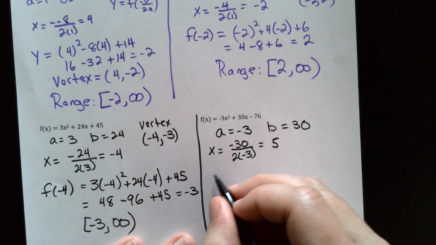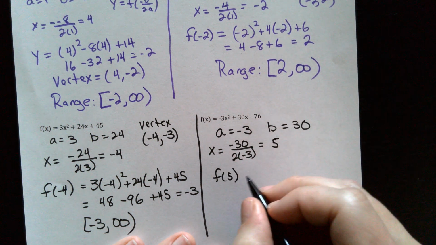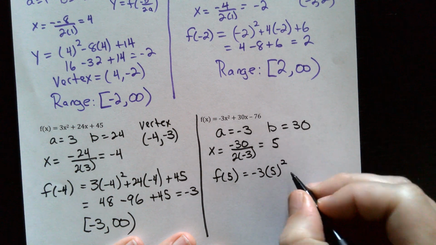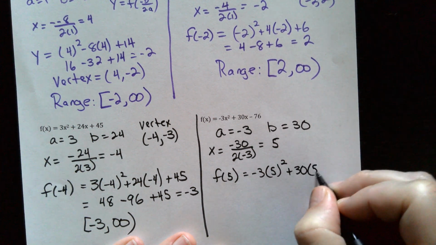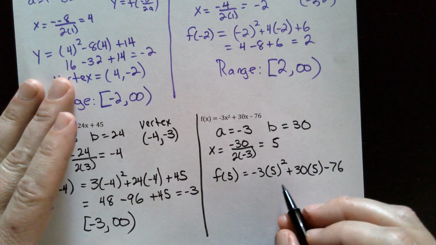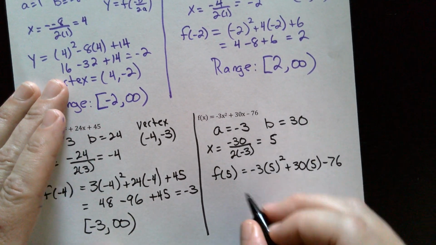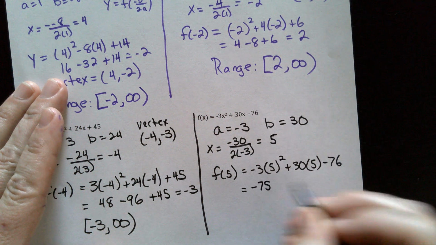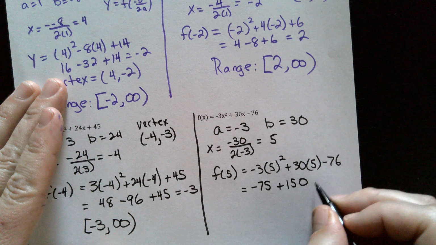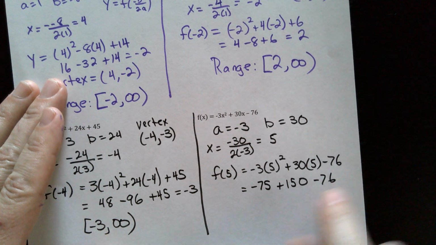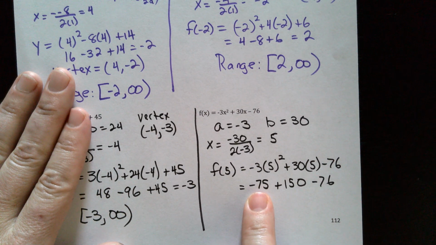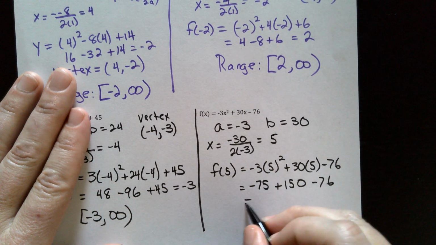And now we take that and plug it in, so f of 5 gives us negative 3 times 5 squared plus 30 times 5 minus 76. Let's work through this. 25 times negative 3 is negative 75. This will be 150, and this will be minus 76. So these two negatives give us negative 151, plus 150 is negative 1.